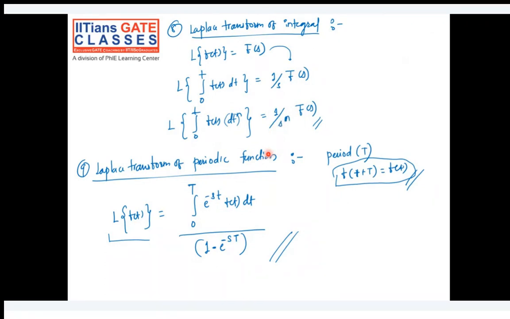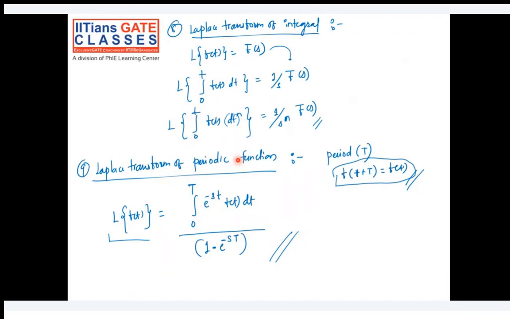And the last property of Laplace transform is the Laplace transform of a periodic function. There are some periodic functions which will repeat after each interval. So they'll give some function and they'll give the period of this function.